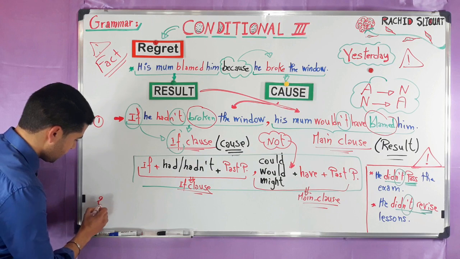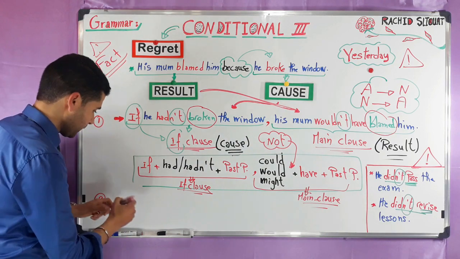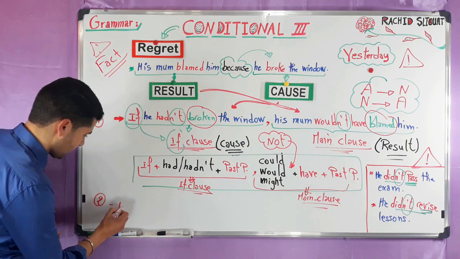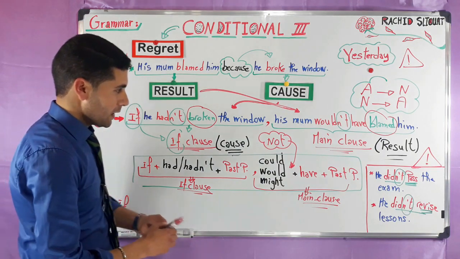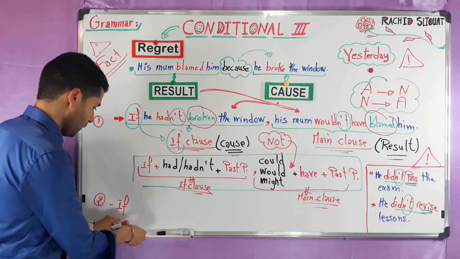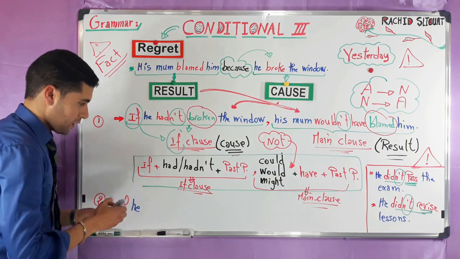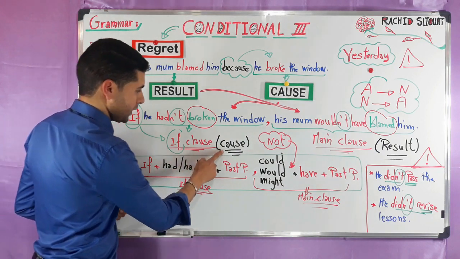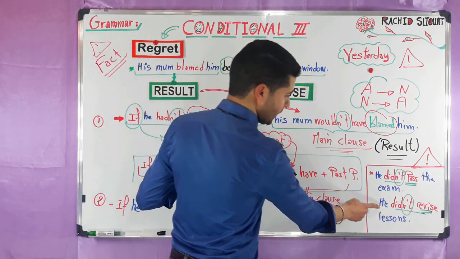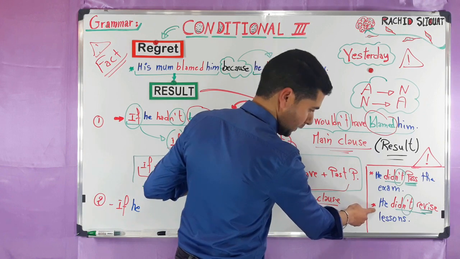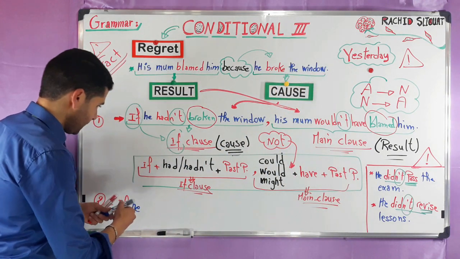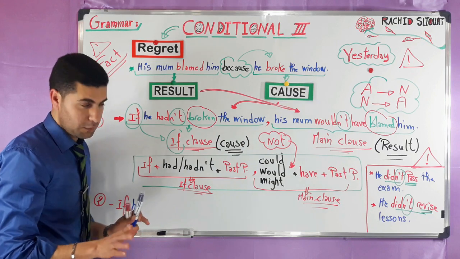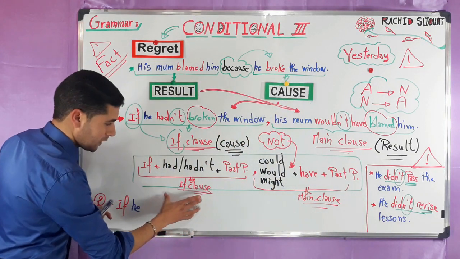Now number two, what are we going to say? We start with, for example, if he. We said the if clause is always with the cause, and this one is the cause. So if he had or hadn't: this is negative, so here it will be affirmative.